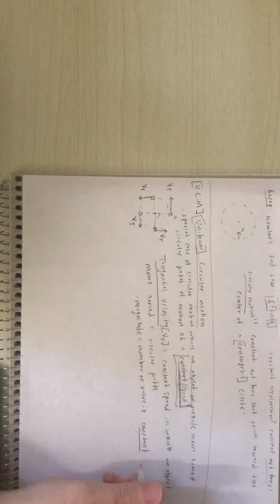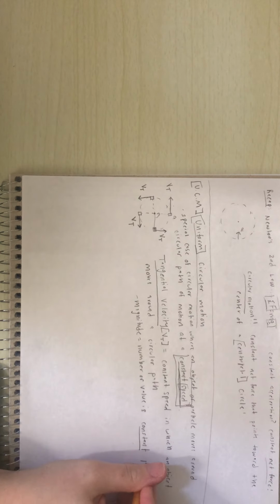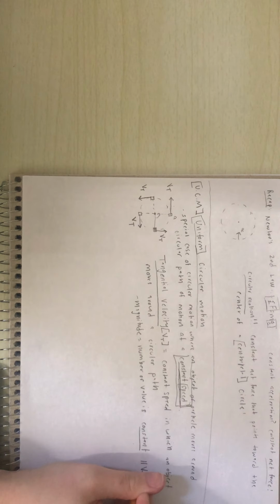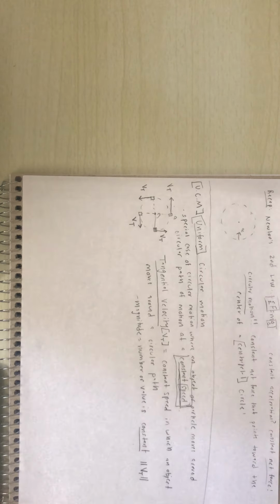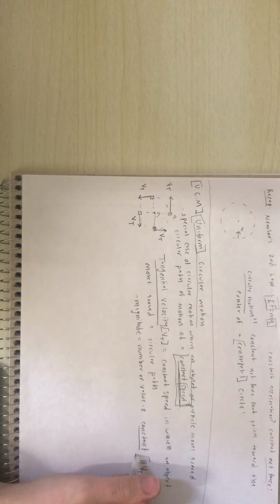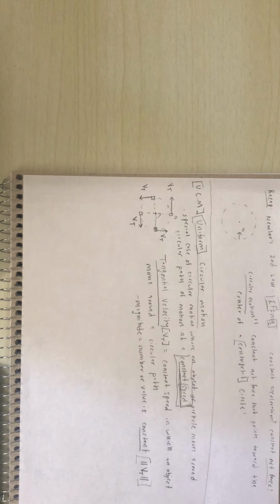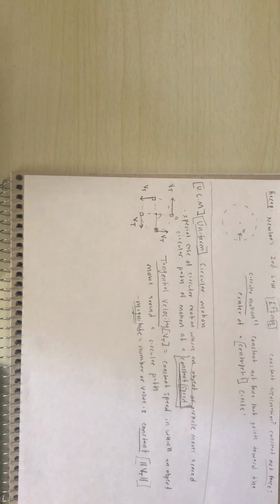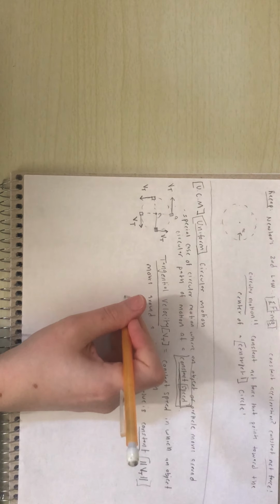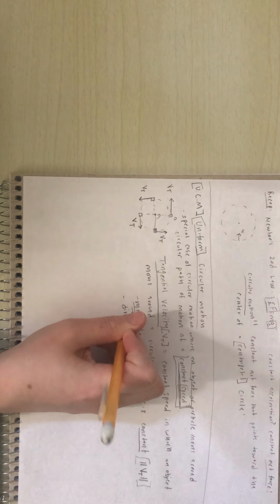The symbol that we use for that is two parallel lines on either side of our variable. So if we're saying the magnitude, that's the symbol for that. Two parallel lines, our variable, two parallel lines. Okay, so the magnitude is constant. But the direction changes at every instant.